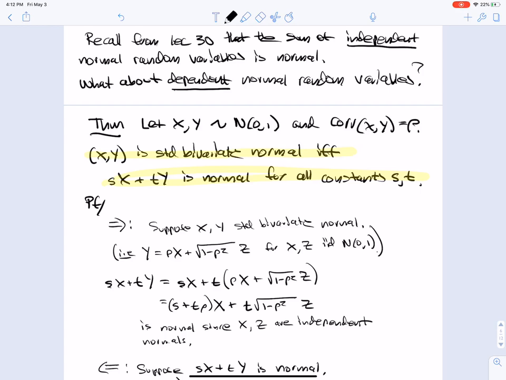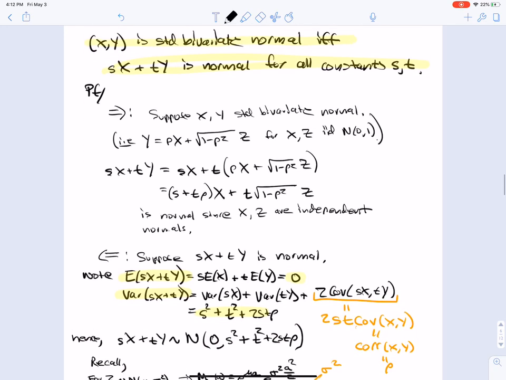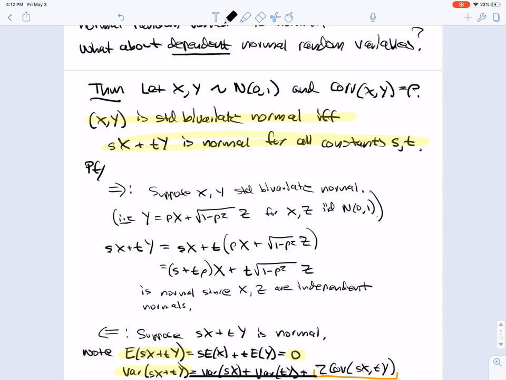So this is a way that you can show that XY is standard bivariate normal: if you can show that sX + tY is normal for all constants s and t. The proof of this is pretty straightforward, going in the forward direction.